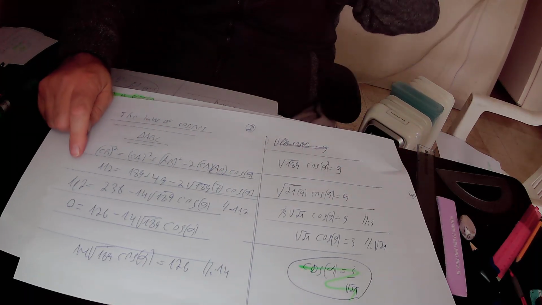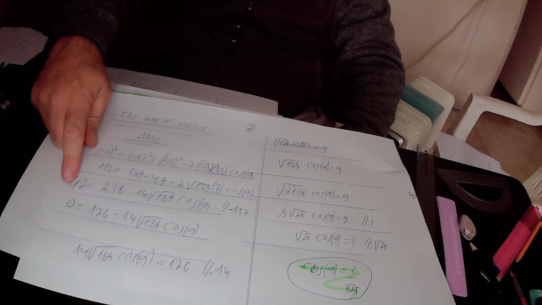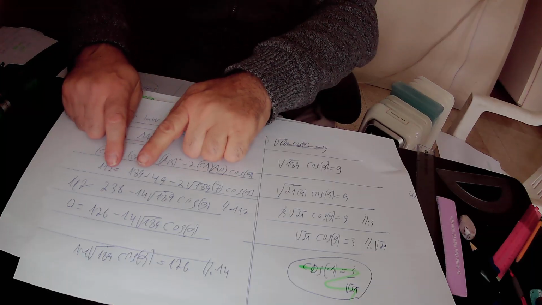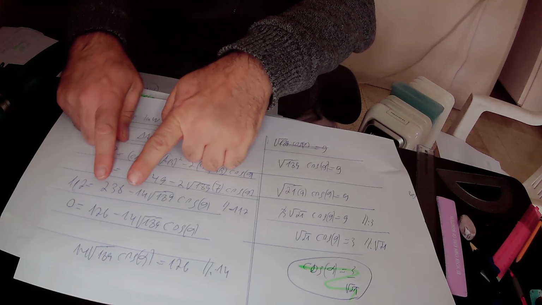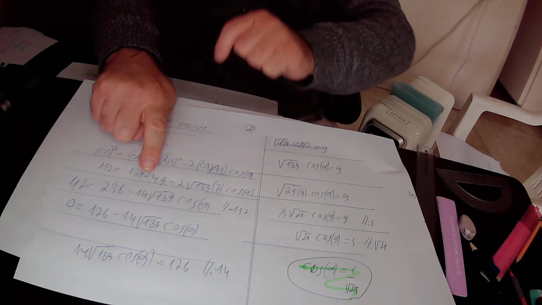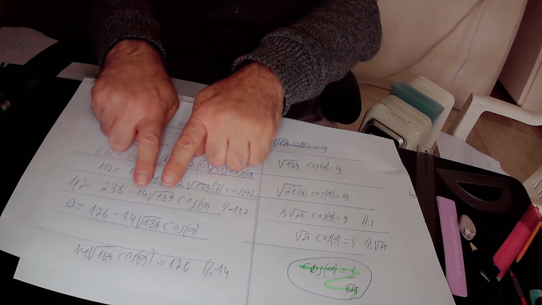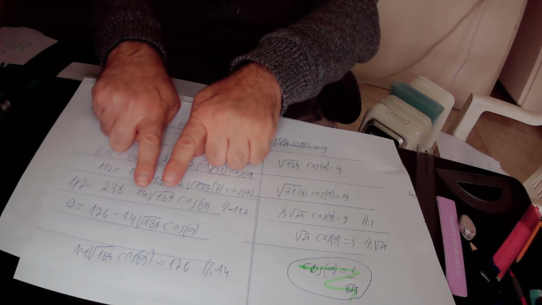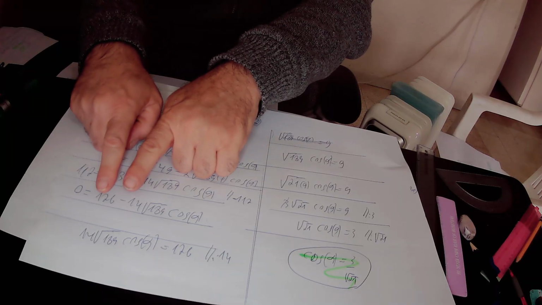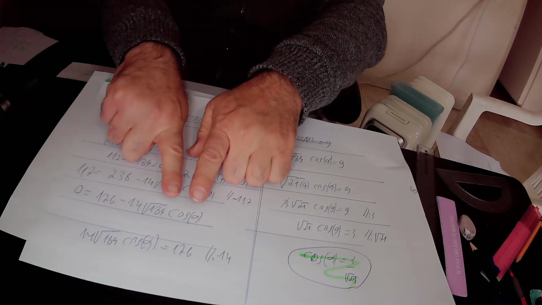Here we subtracted 112 from this equation, so on this side of the equation we are left with nothing, that is to say 0. On the other side we have 238 minus 112, which is 126, minus 14 times square root of 189 times cosine alpha. So here we added 14 times square root of 189 cosine alpha to the equation, and found that 14 times square root of 189 times cosine alpha equals 126.